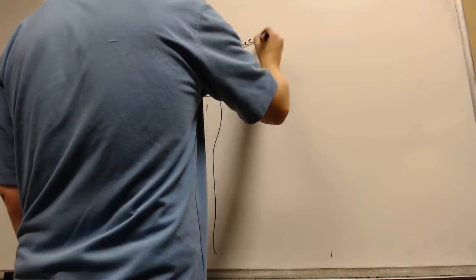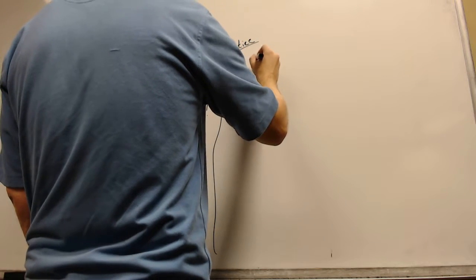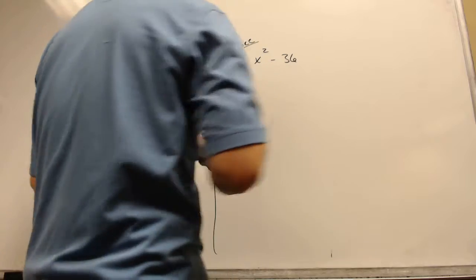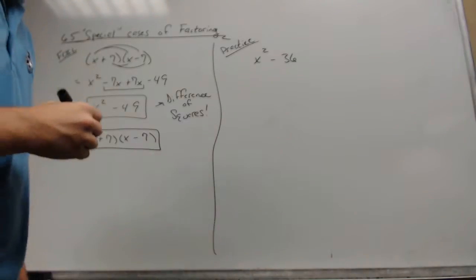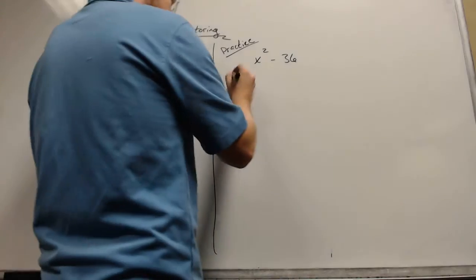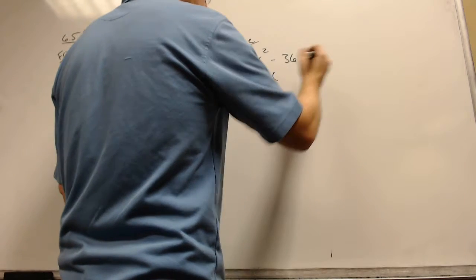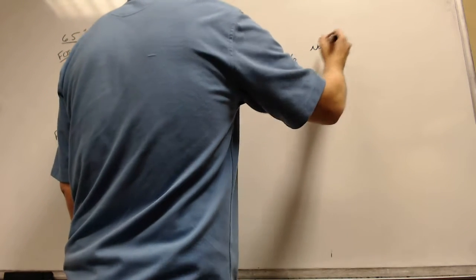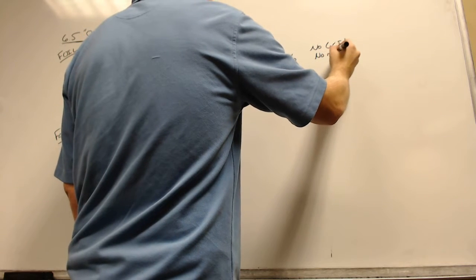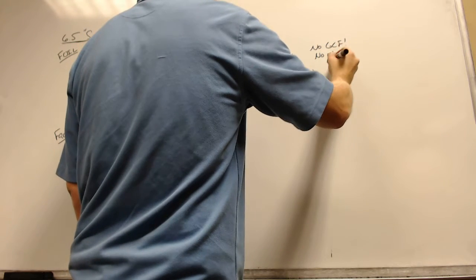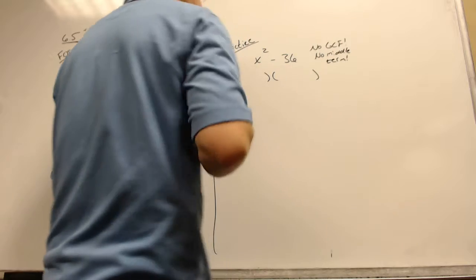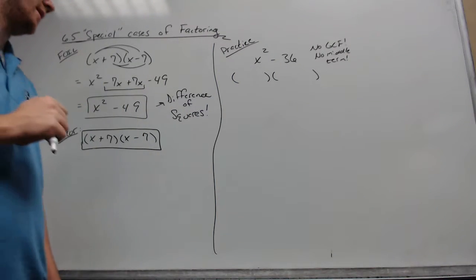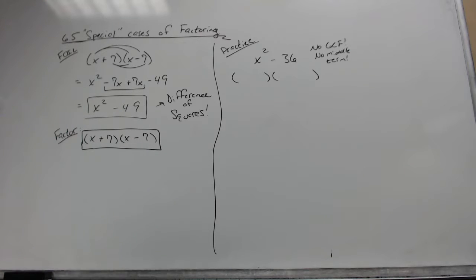Let's practice. If I had x squared minus 36, no common factor, so no GCF, and no middle term. No middle term is a key indicator that this might be a difference of squares.